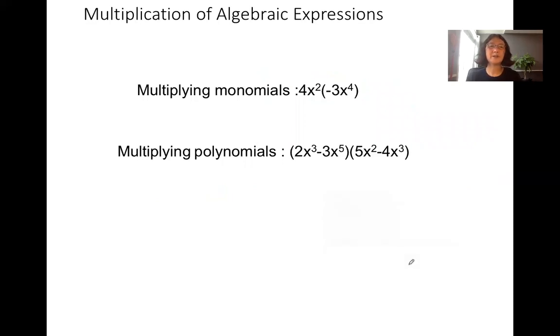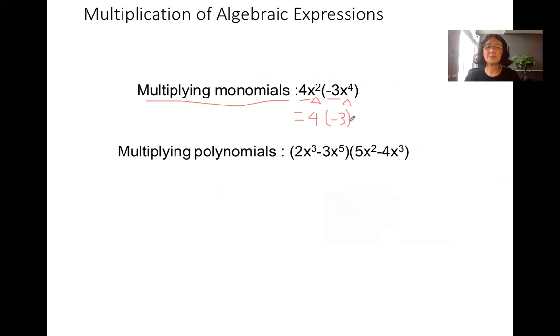So this one is multiplication of algebraic expressions. For example, if you want to do multiplying monomials, so this is an example. What you do, you take the numerical coefficients, so 4 multiplied by 3. And then you take literal coefficients. x squared is literal coefficients, x to the power 4 is literal coefficients.